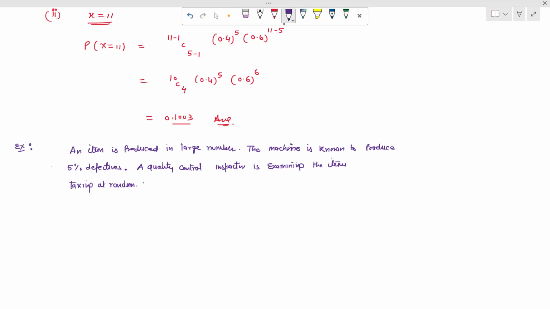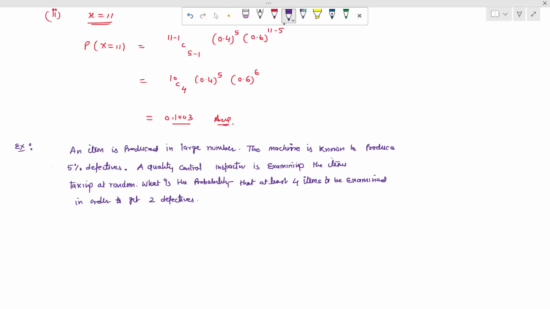What is the probability that at least 4 items are to be examined in order to get two defectives?